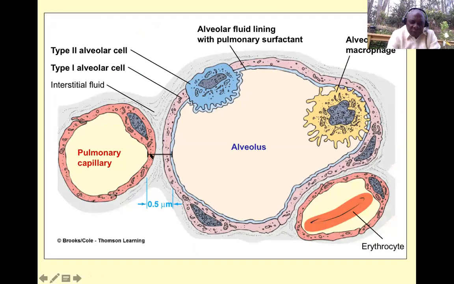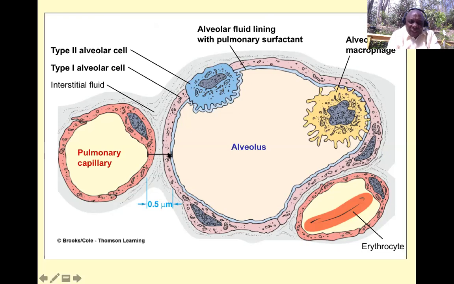All right, this is again the distance between the pulmonary capillary and the alveolar, 0.5. In the previous slide, I said 0.05, I misspoke. It's actually 0.5 micrometer. And there are diseases that can increase this distance because of inflammation and infiltration of fluid.